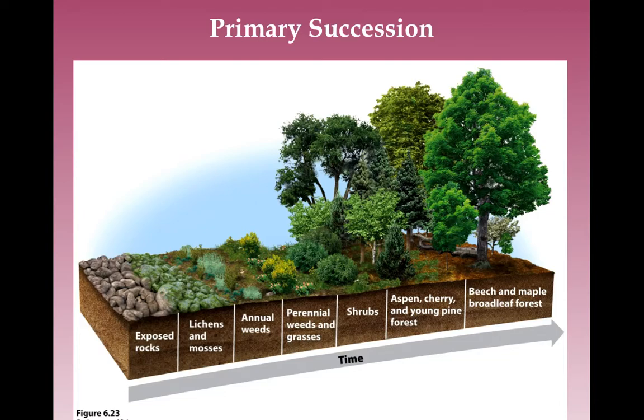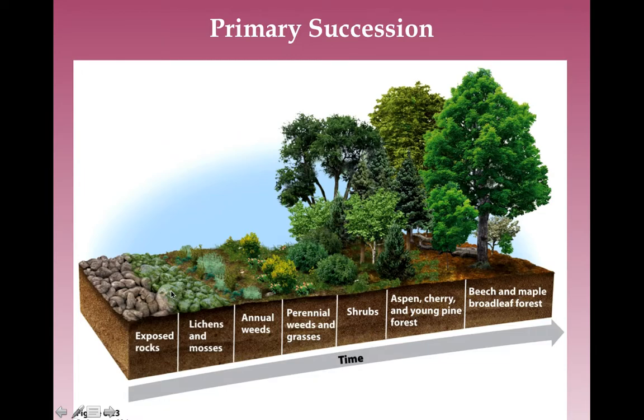So first, primary succession. Obviously, it doesn't always look exactly like this, but here is a general depiction of primary succession. And what's key about this are first the beginning stages, and you see exposed rock here. So this is one of the main differences between primary succession and secondary succession: what happens in the beginning. Here it starts with rock, and gradually this rock has to somehow be transformed into soil.